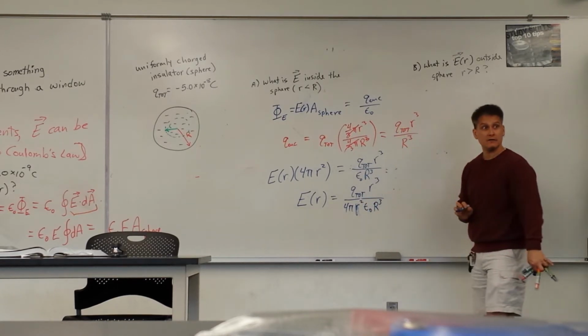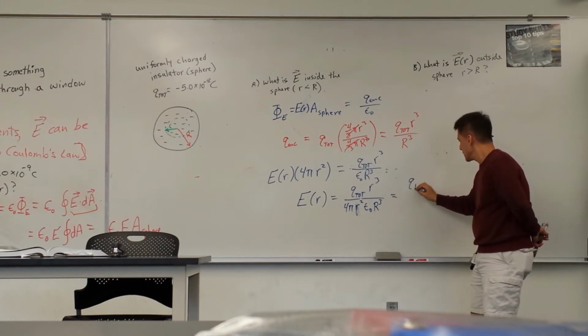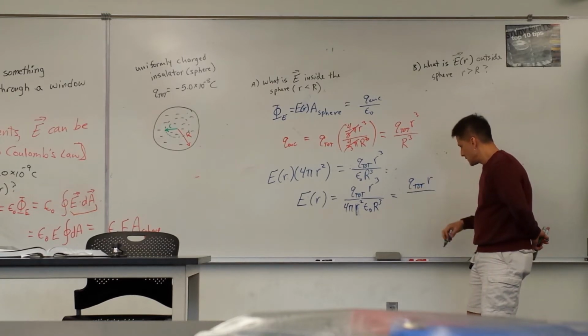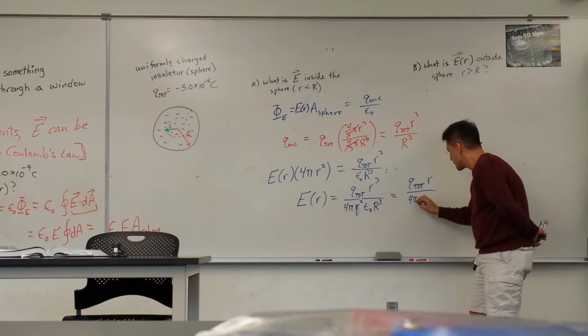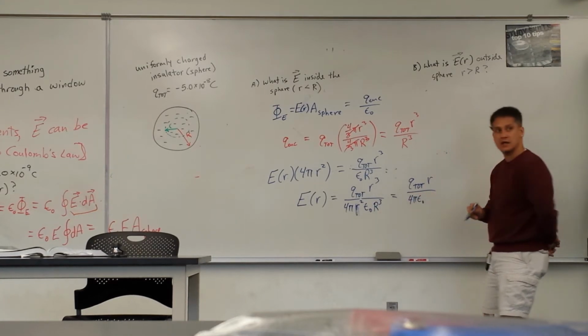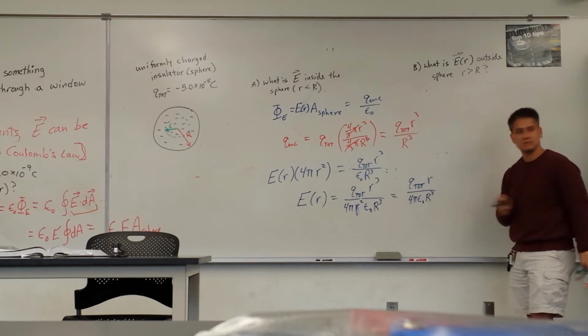I get all of this stuff, which reduces to Q total times r over 4 pi epsilon naught big R cubed.